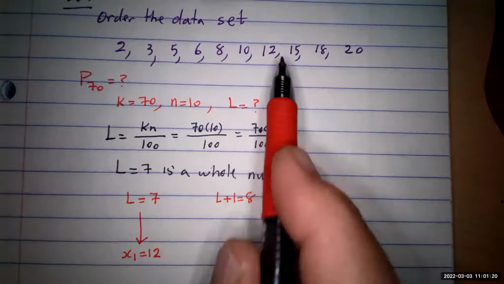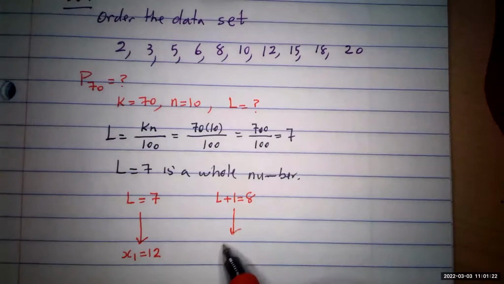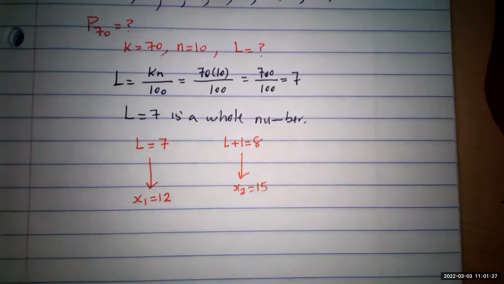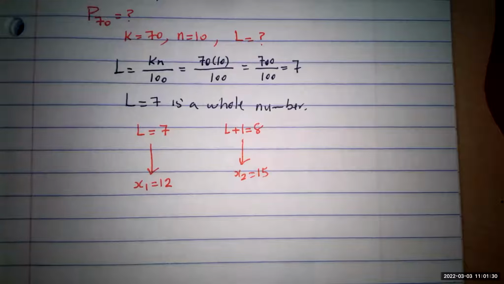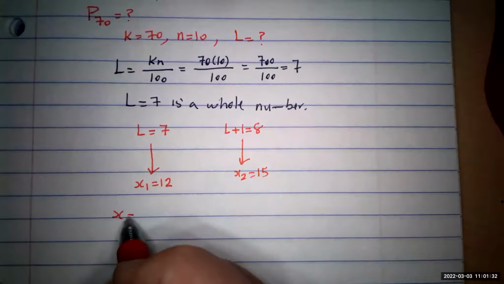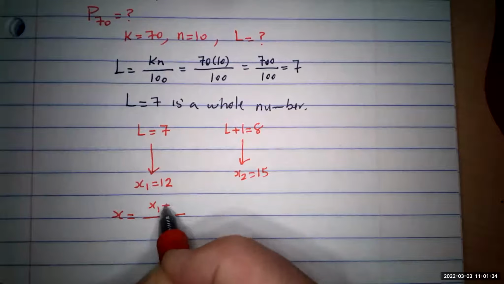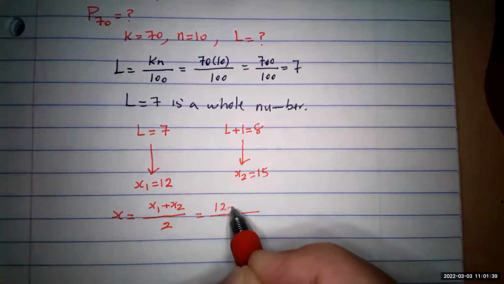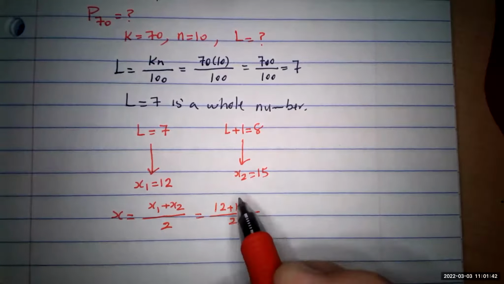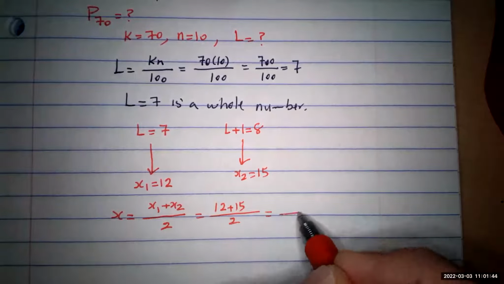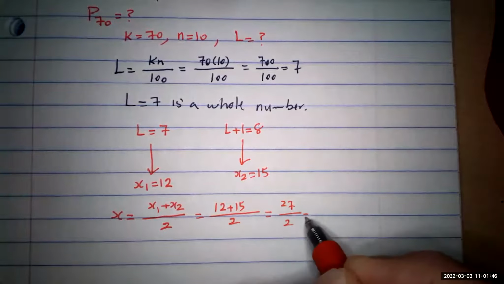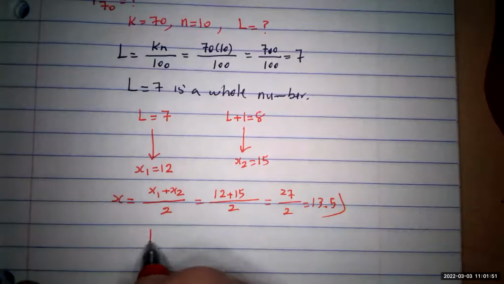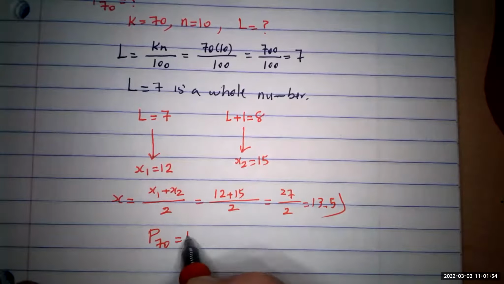Then the 8th position is 15, so X2 is equal to 15. So X is going to be the average, X1 plus X2 divided by 2. In this case, 12 plus 15 gives 27, divided by 2, which is 13.5. So P70 is 13.5.